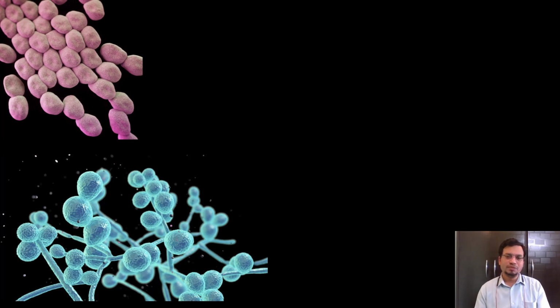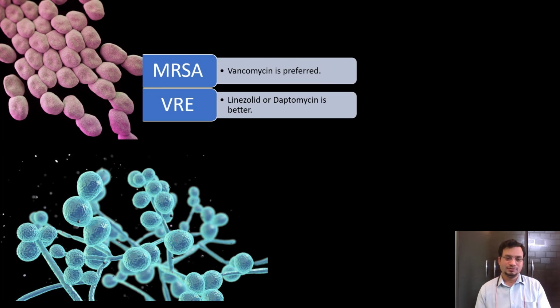Modifications to the regimen may be indicated if there are risk factors present, like, as I said, for MRSA vancomycin is preferred. In case of vancomycin resistant enterococci, you may have to give linezolid or daptomycin. That's a very important point you must know. In case of fungal infection, Candida is the most common.